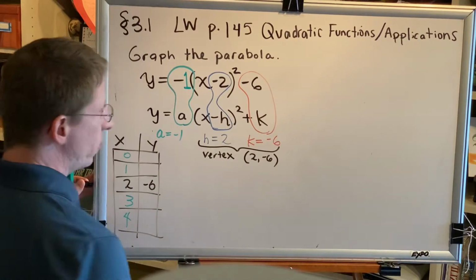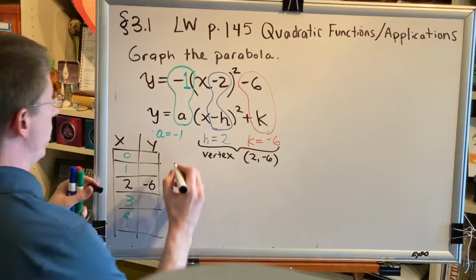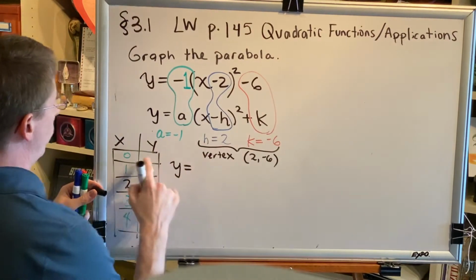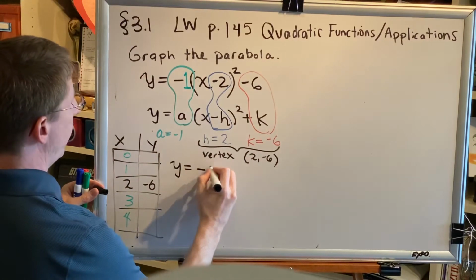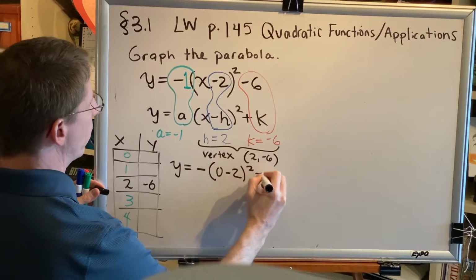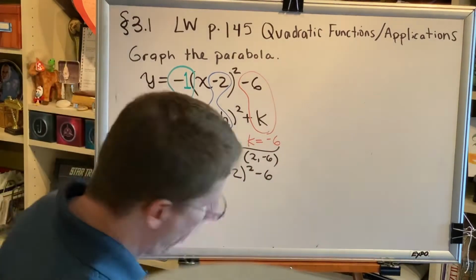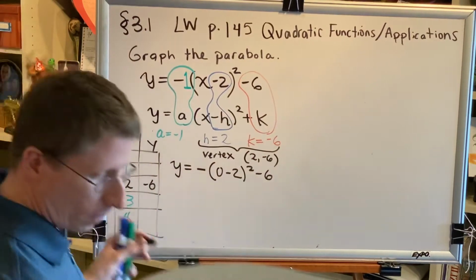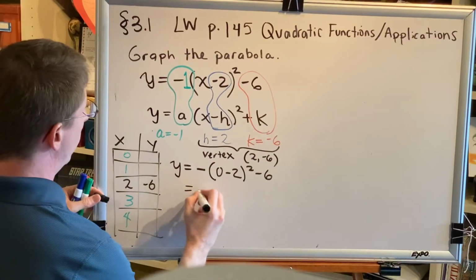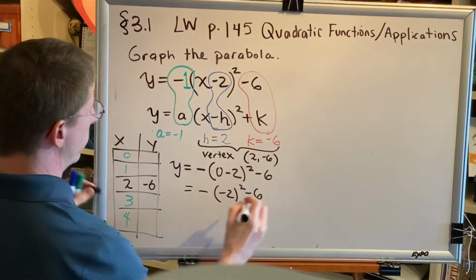Okay, since this is our third example of the same type of problem, I'm going to take a couple of shortcuts here. We're going to plug in 0. So y equals negative (0 minus 2) squared minus 6. Simplify. Negative (-2) squared minus 6.